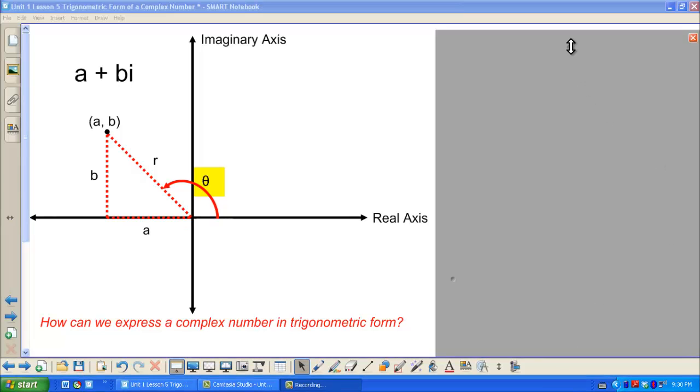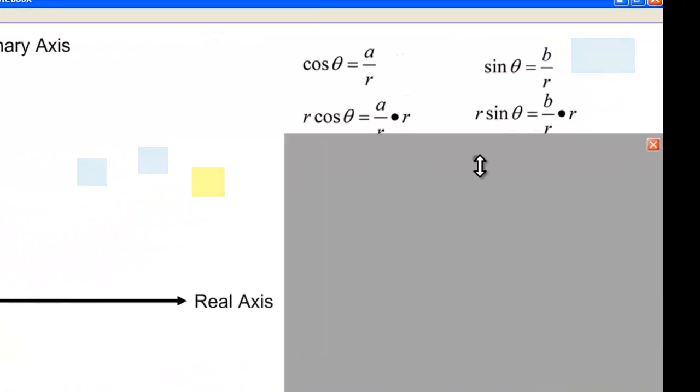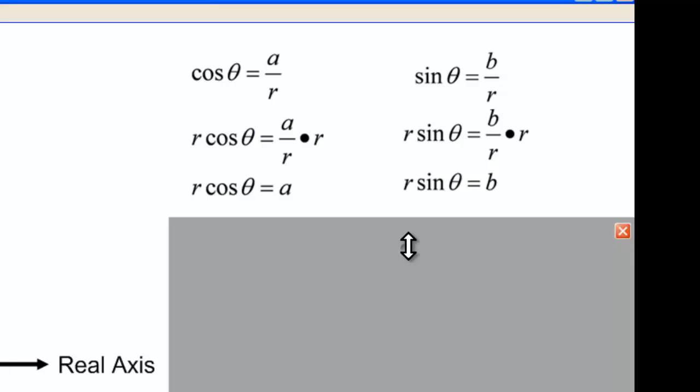So cosine is defined as adjacent over hypotenuse. So that means the cosine of theta is equal to a over r. The sine is the opposite over hypotenuse, or b over r. I want to solve and get the a and the b by themselves. So I can multiply both sides by r, which is going to yield that a is r cosine theta and b is r sine theta.